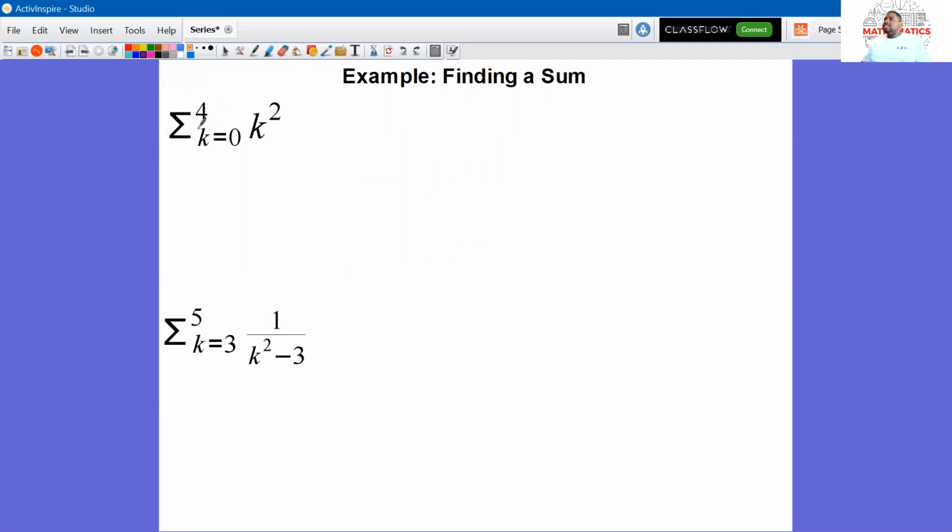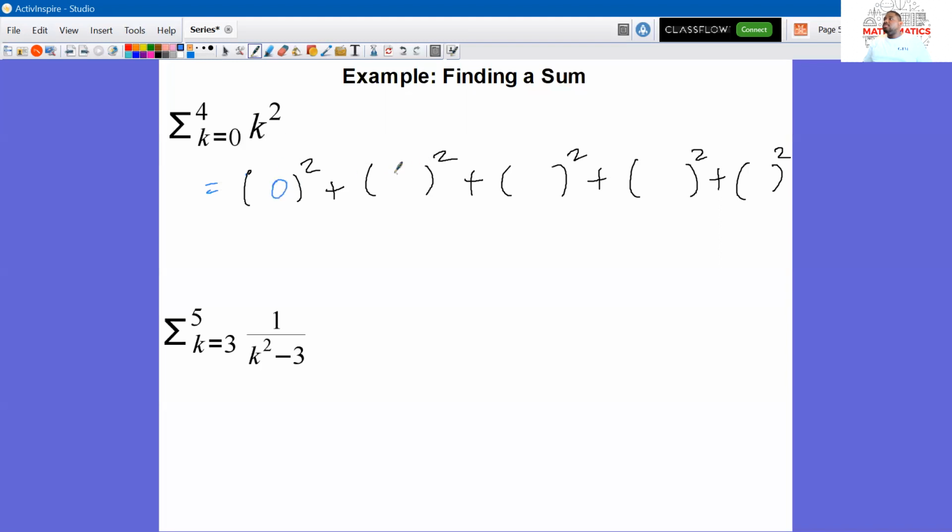So now let's do some examples involving finding a sum. So we're asked to find this partial sum here. This is the series from k equals 0 to 4 of k squared. So first, let me write out what this is going to look like.